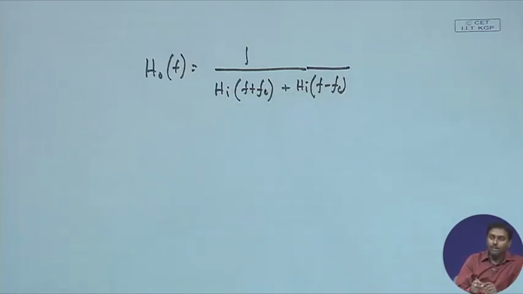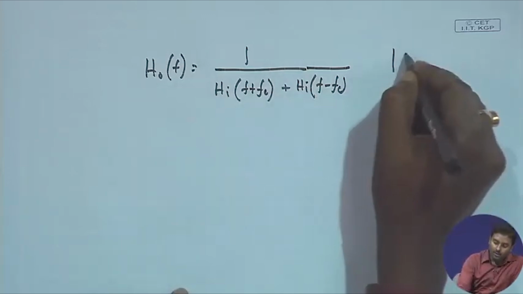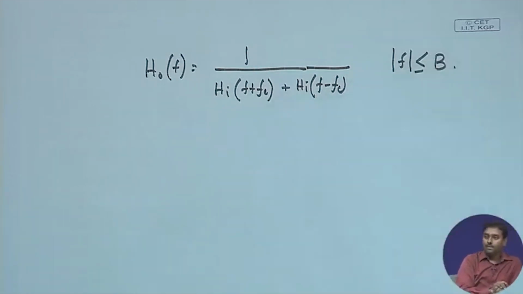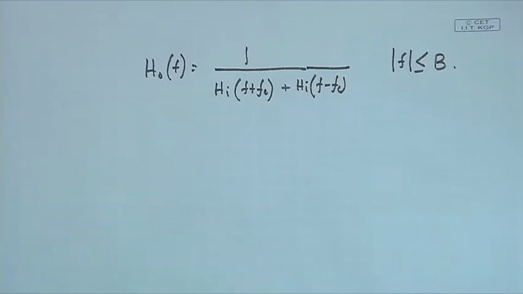But also remember, this particular criterion is required only when I am within my band, because what I was doing, I was trying to detect my signal m(t), which is valid up to B. So this filter characteristic must be valid up to B. After that, whatever happens I am not bothered, as long as it is a low pass and it is rejecting that higher frequency term.